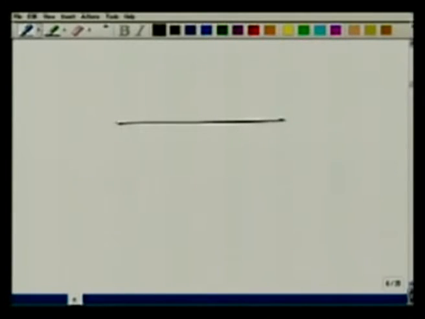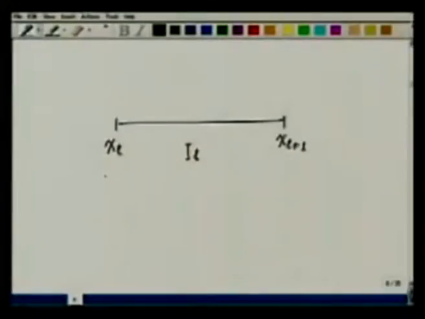So let us look. I ask the following question. I give you element l. That is, this is element I_l. For this element, what are the nodes that will be the end points of this element? They will be x_l and x_{l+1}. Since this element has 2 nodes, I am going to give them a local name.